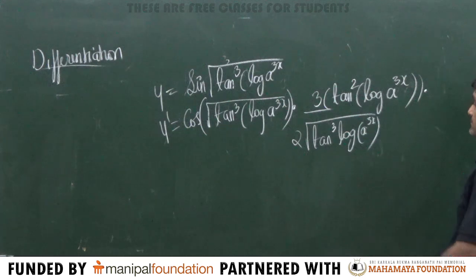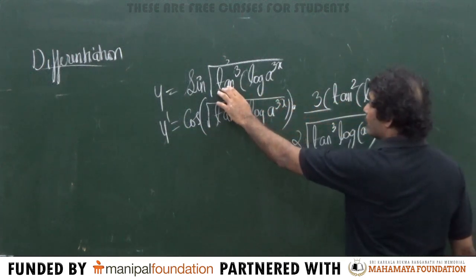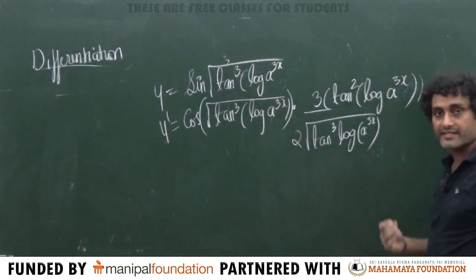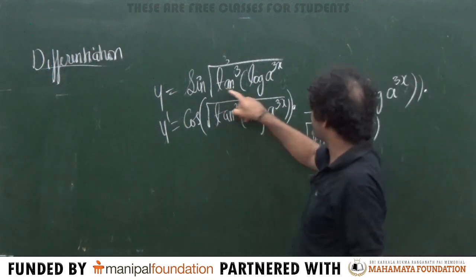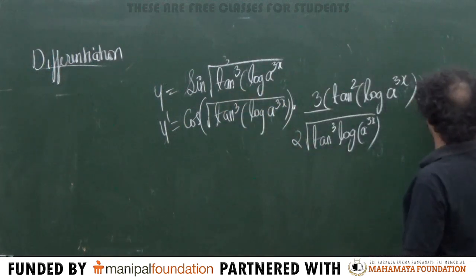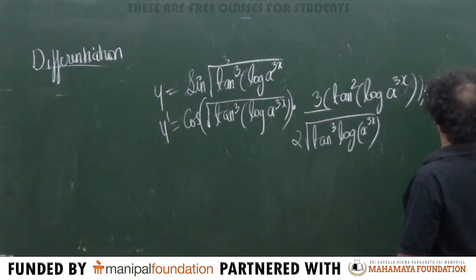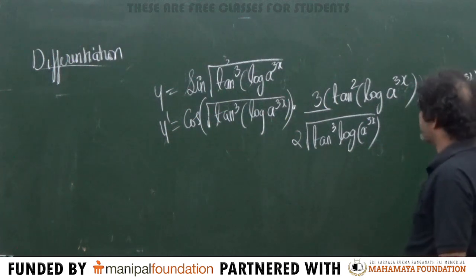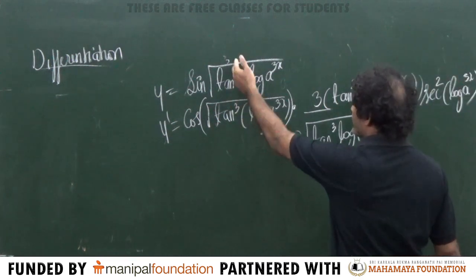After tan, okay, not tan, you got tan cube, x cube done. Now this is not x, right? It is tan. So tan is secant square log a to the power 3x.